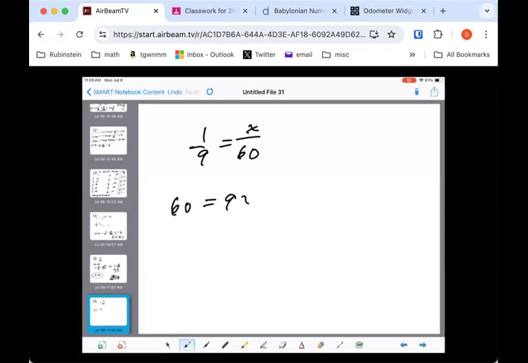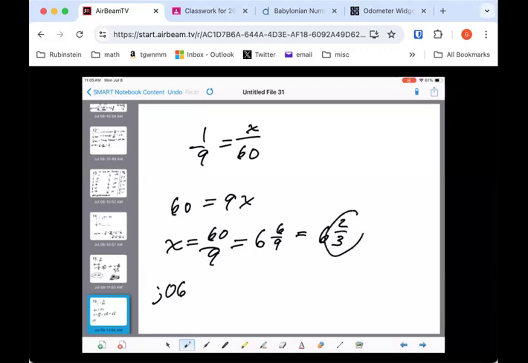60 equals 9x. x is 60 over 9. 9 goes into 60 6 times, and I get remainder 6, which is 6 2/3. So 6 is the first place.